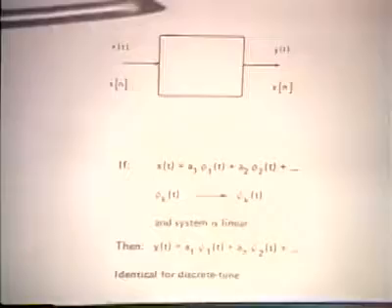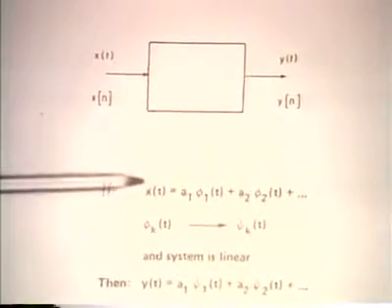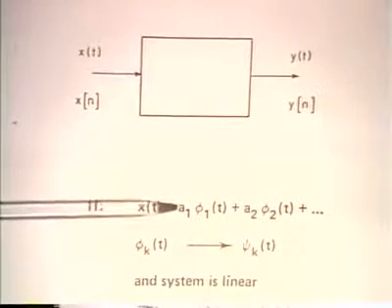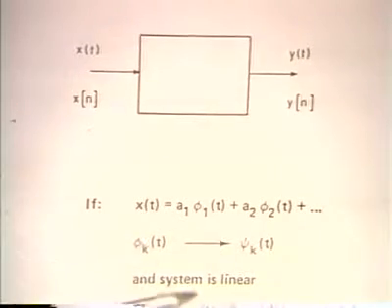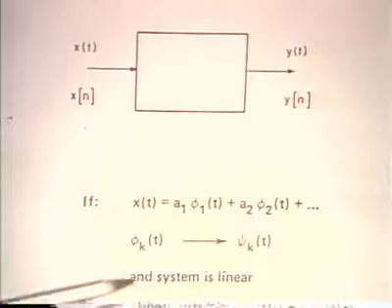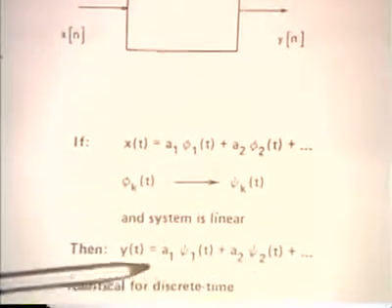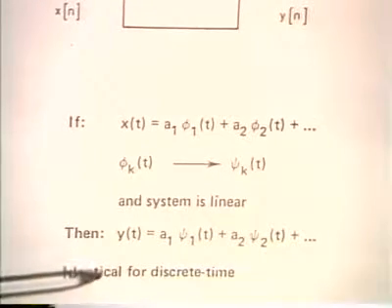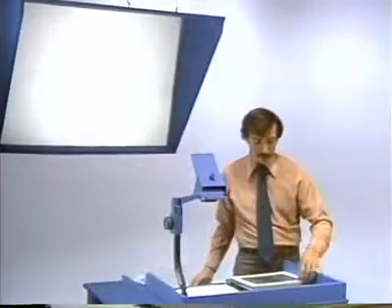So if we have a linear system, either continuous time or discrete time, for example, with continuous time, if the input is decomposed as a linear combination of basic inputs, with each of these basic inputs generating an associated output, and if the system is linear, then the output of the system is the same linear combination of the associated outputs. And the same statement is identical both for continuous time and discrete time.